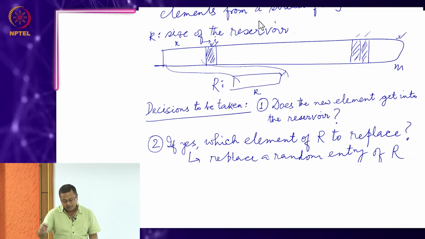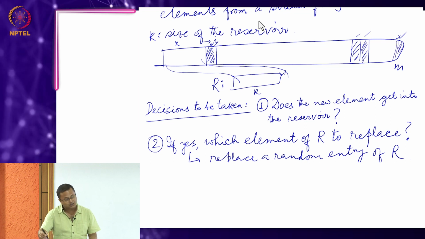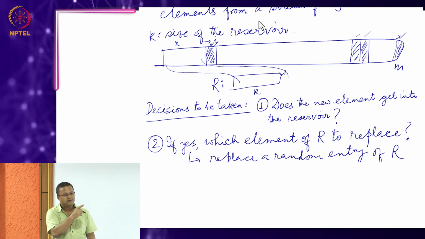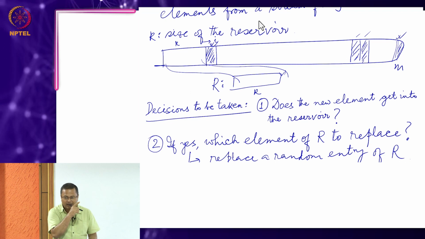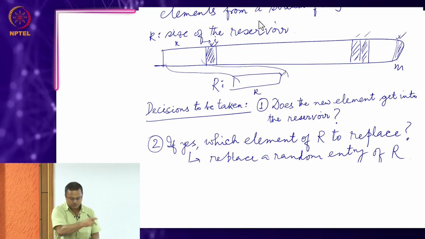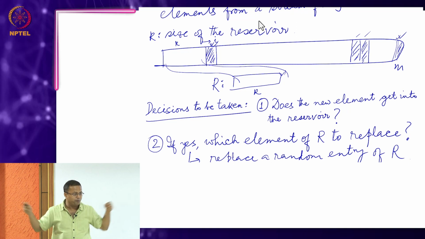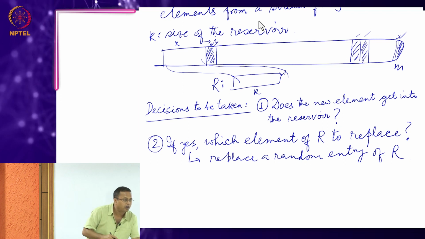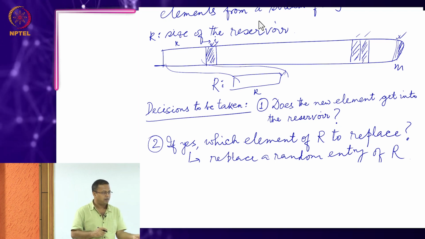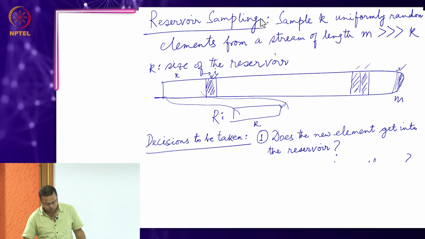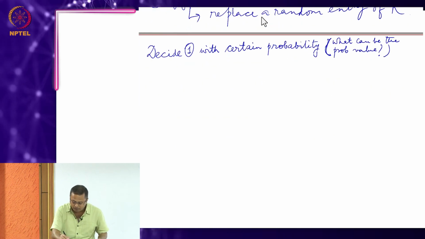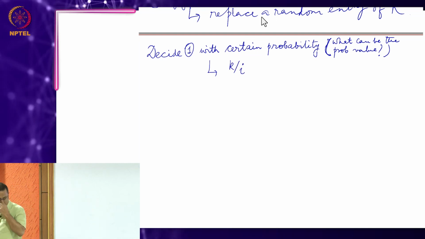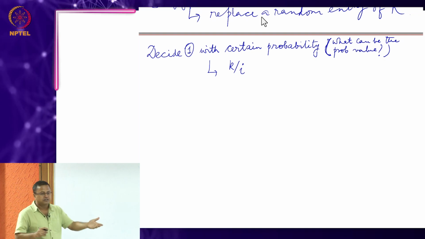Mind you, there is obviously always a chance of this element to get into the reservoir, and I am not ruling out that chance, but I am making it get into the reservoir with a cost, because if your stream length is very big compared to k, the probability of this element to get into the reservoir is small. So it perfectly makes sense to make this probability k by i, where i is the length of the stream seen so far.